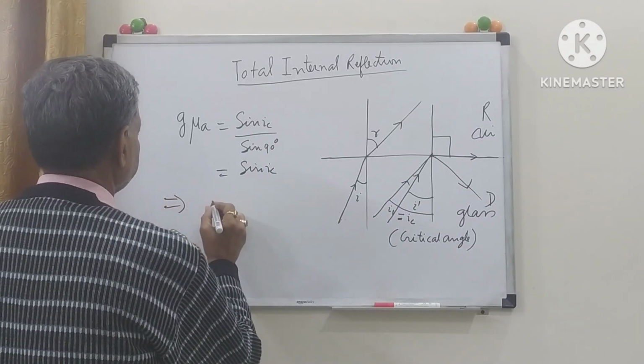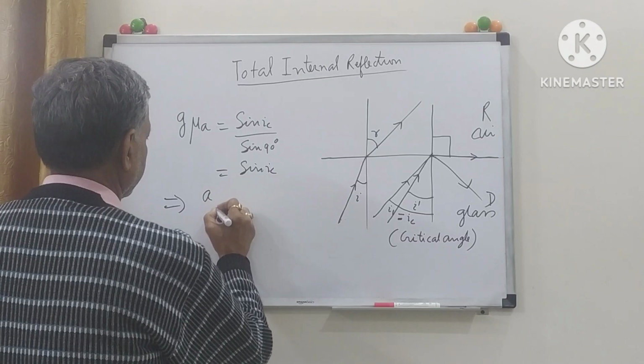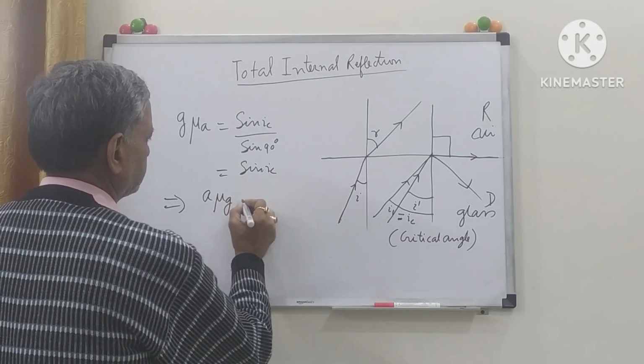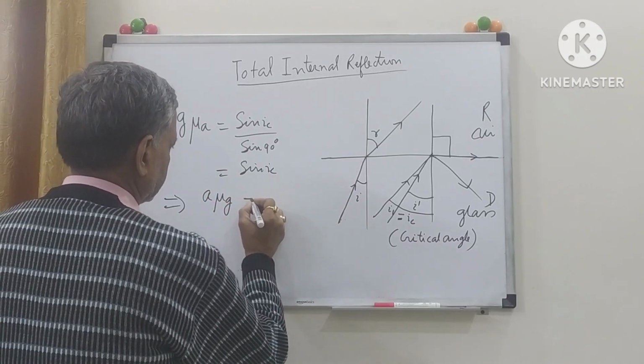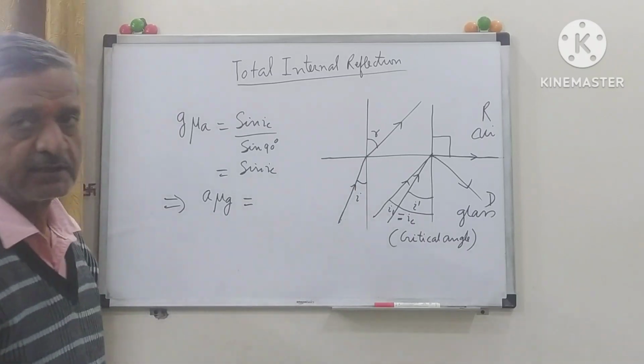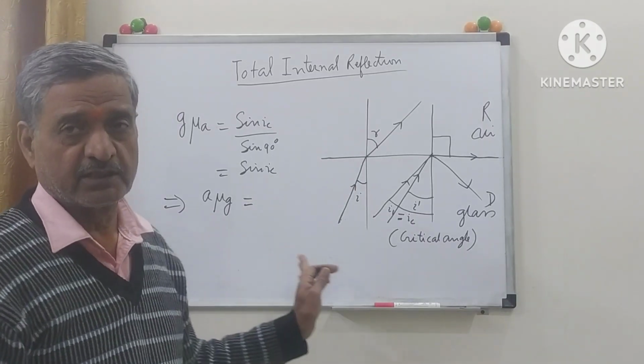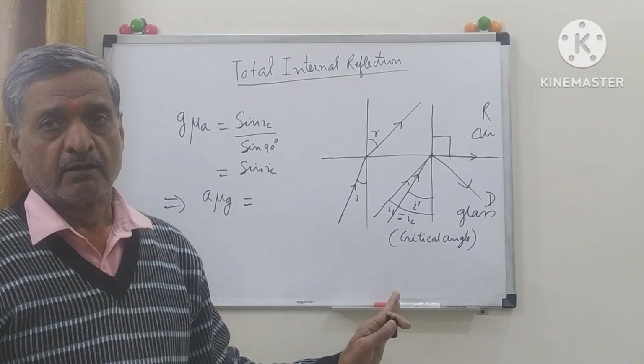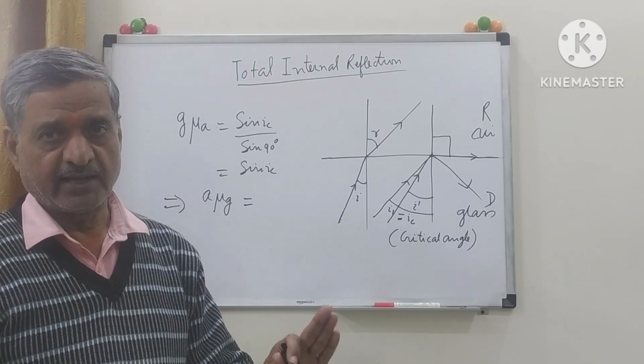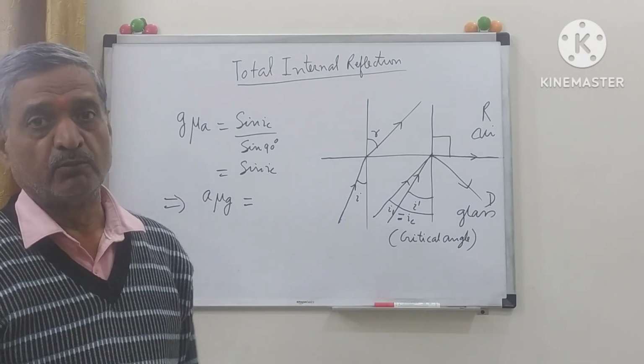It means a mu g, the refractive index of glass with respect to air, because refractive index of a medium is taken with respect to air or with respect to vacuum. Why? Because the velocity of light in vacuum and air is almost the same.